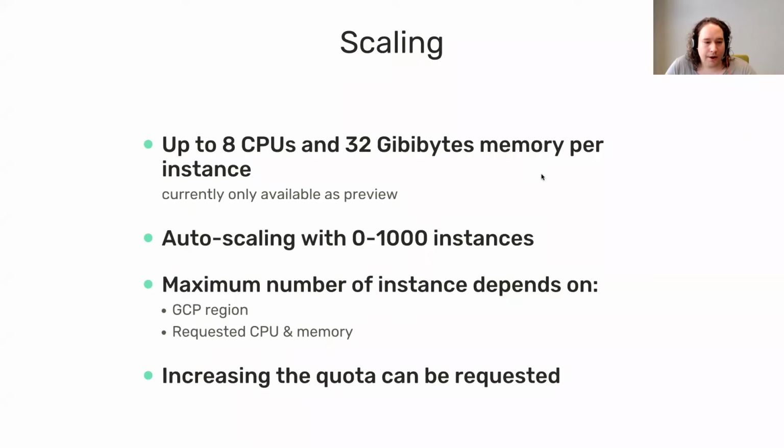You can define your minimum and maximum instances. For instance, if you have a service that isn't used that often, you can also say, I want minimum 0 instances, which means if there aren't any requests incoming, there's nothing running, nothing causing costs at all. That's really a cool aspect of it.